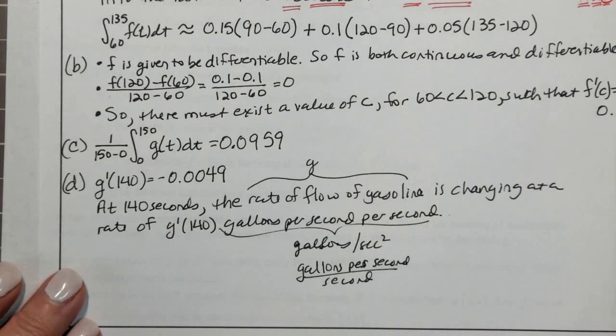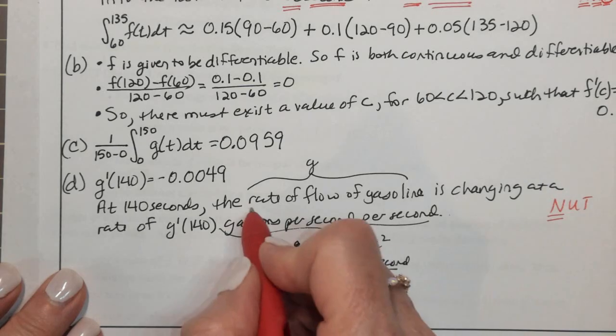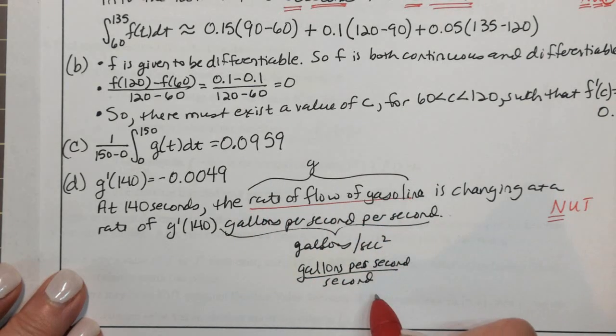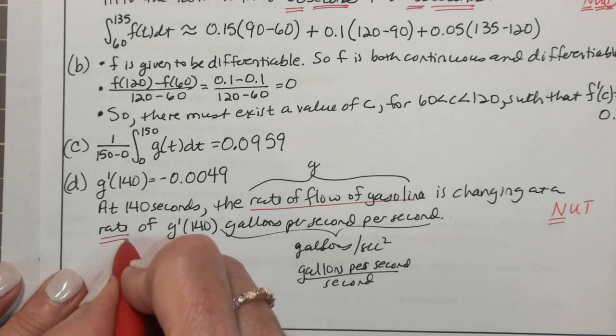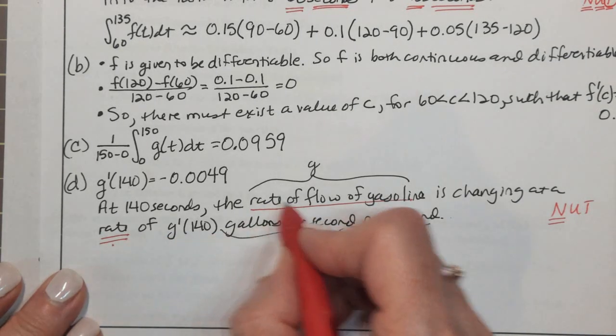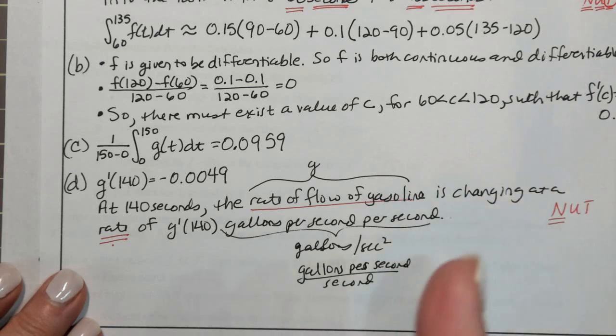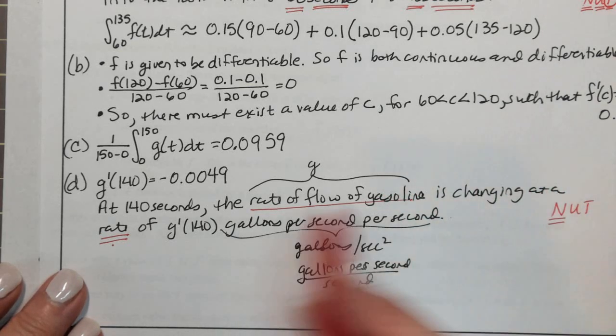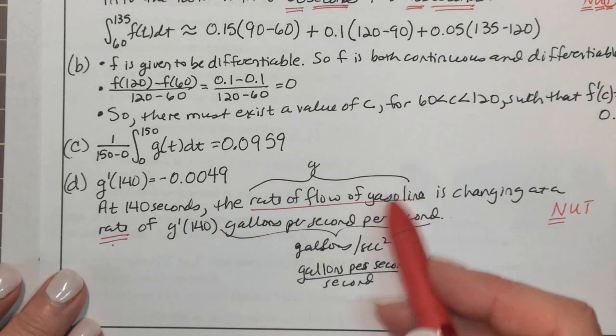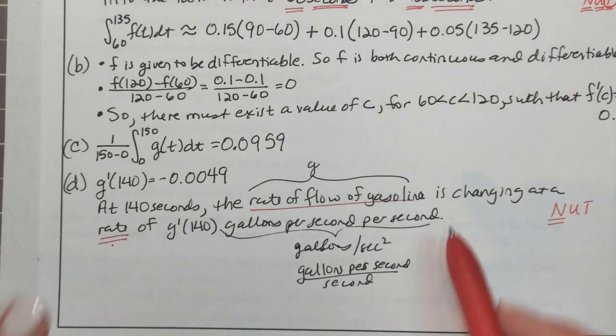Okay, remember nut. This is another nut one. Noun. Rate of flow of gasoline. And it's another rate involved. It's the rate of the rate of flow of gasoline. They need to see two words that say rate, all right? We could have said the rate of the rate of flow of gasoline. Something like that.